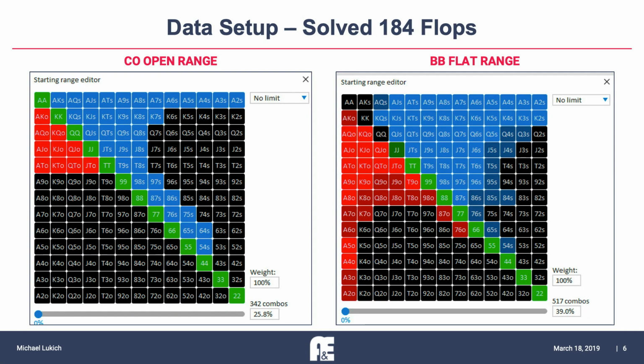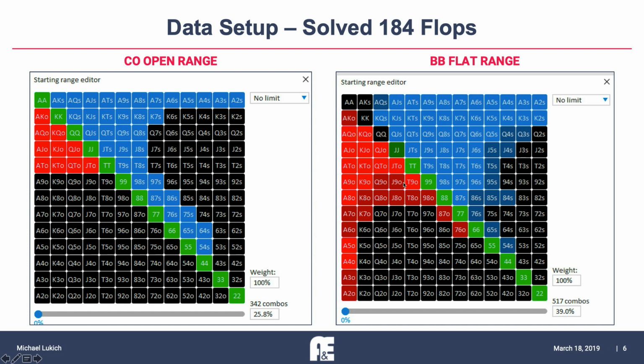So going into the setup itself, as I mentioned, I solved this within GTO Plus, and I have the ranges here. Our cutoff opening range is the one I had been working with and using. You can make an argument that this is not wide enough, it's about 26% of hands, but this is the cutoff range that I've actually been using.